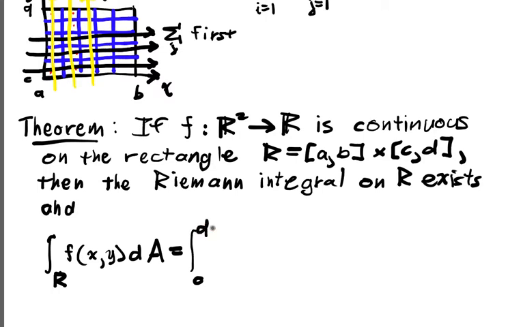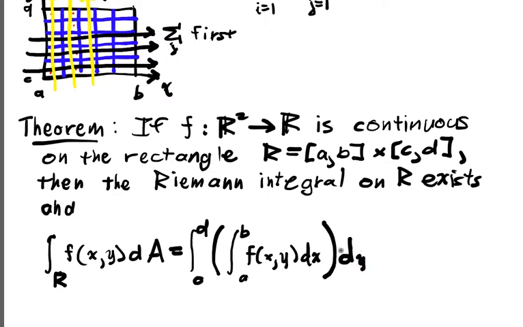First, we keep y fixed, integrate from a to b, f(x,y) dx. So this is integrating over all constant y values, and then we put a dy out here, and this will be called a nested integral because this integral is nested inside the other.